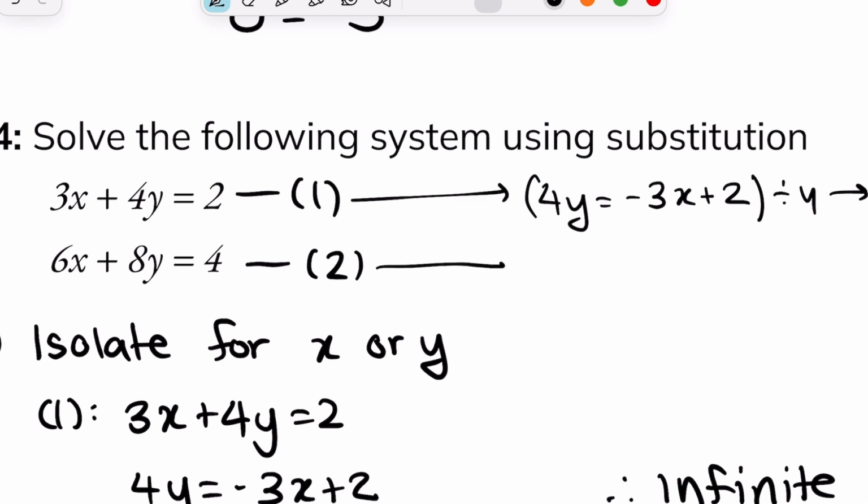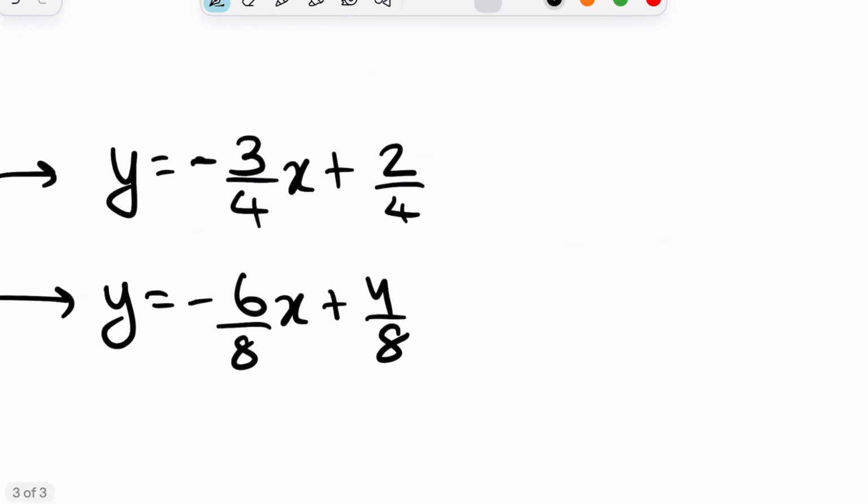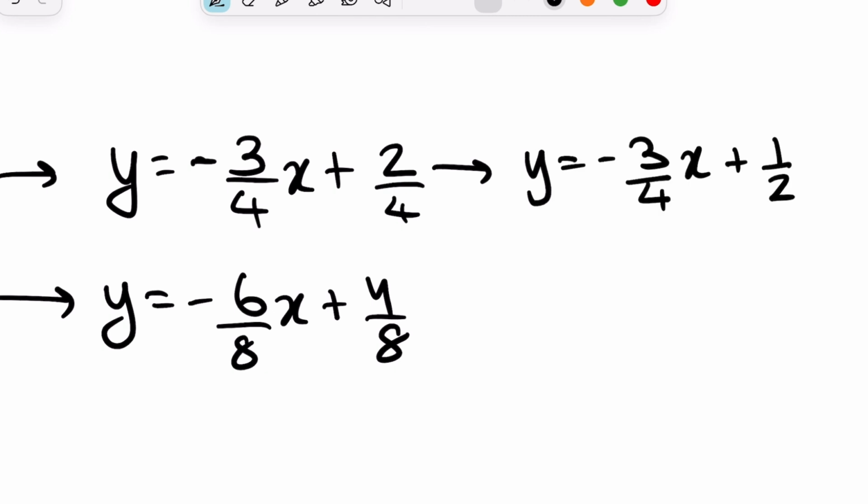So equation number 2 now, let's isolate for y. So we get 4, and now let's divide everything by 8. So we get y is equal to negative 6 over 8x plus 4 over 8. And now let's simplify this a little bit further. So this is y is equal to negative 3 over 4x plus 1/2.